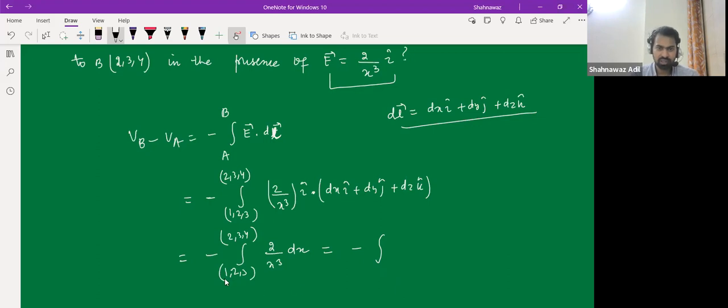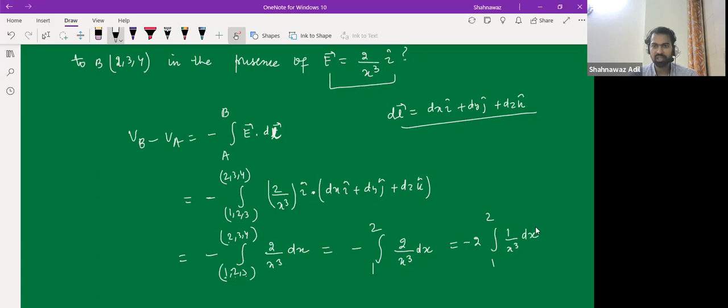So this is x, this is y, this is z. This is again x, y, z. So x goes from 1 to 2, right? And this is 2 by x cube dx. So 2 is constant, so it is taken outside. And we have the integral of 1 over x cube dx.